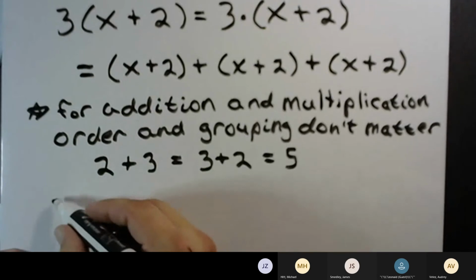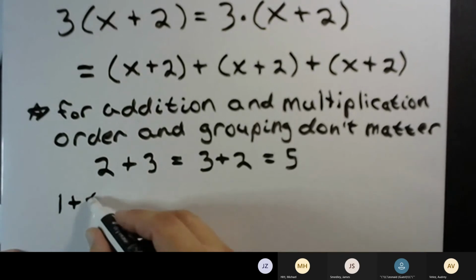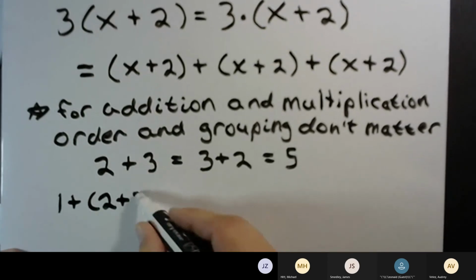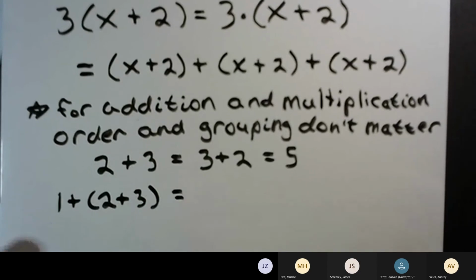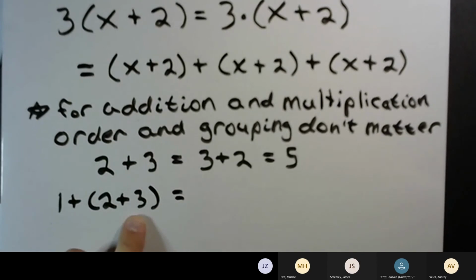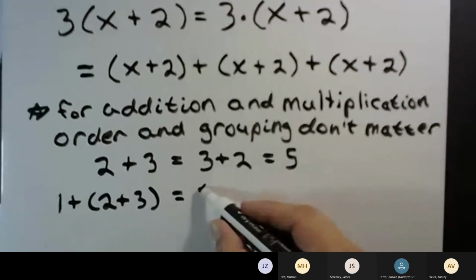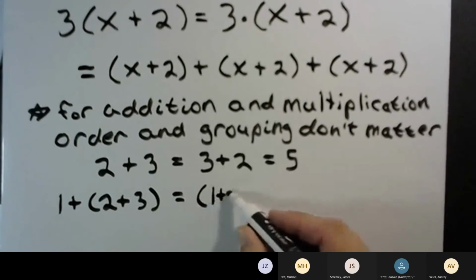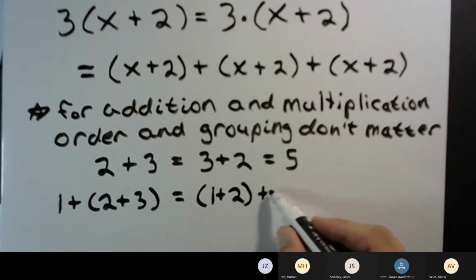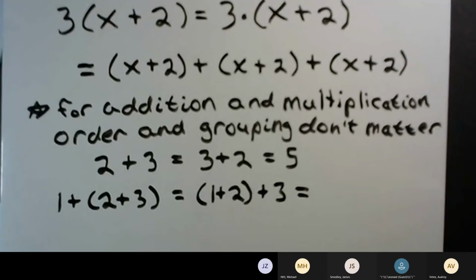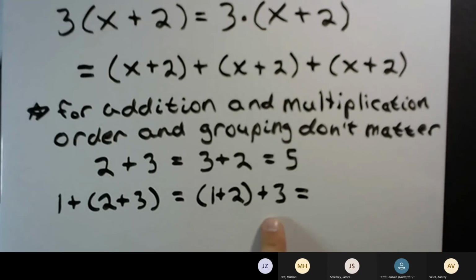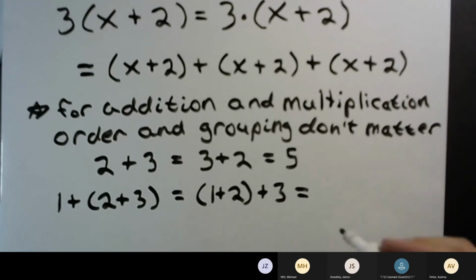And then for grouping, let's say we want to put parentheses around the 2 plus 3 here. We add these two first to get 5. 5 plus 1 will give us 6. But if we move the parentheses over here and we do the 1 plus 2 first instead, and then add the 3, we're going to get the same answer of 6 both ways.